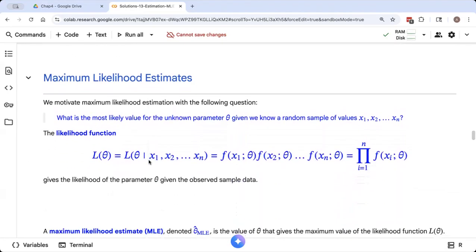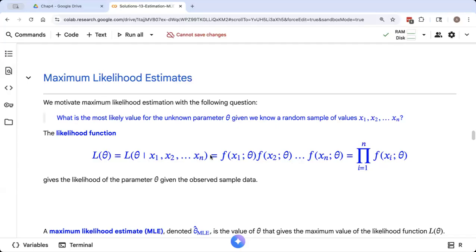For a maximum likelihood estimate, recall one way that you can think about it informally is that we are going to find the most likely value for the population parameter theta, given we have observed a random sample of values that we denote x1 up to xn. Key to this process is first finding the likelihood function, which is the probability of observing the sample that you have.